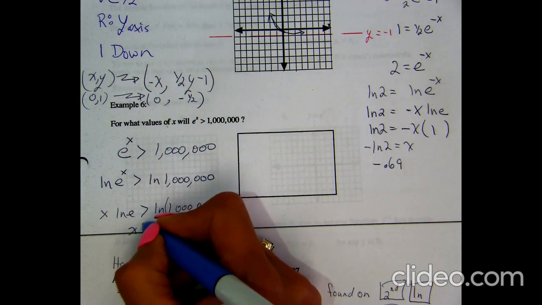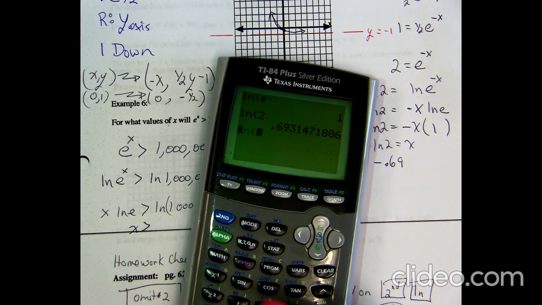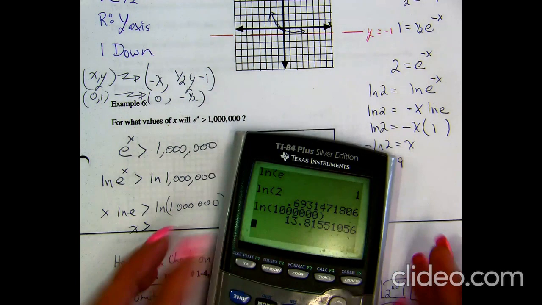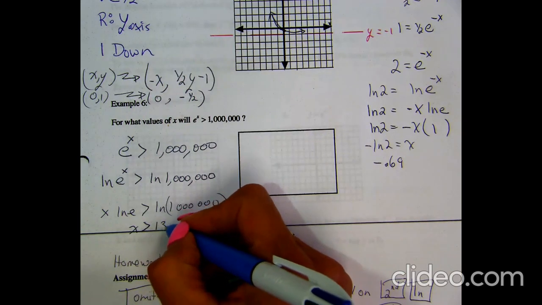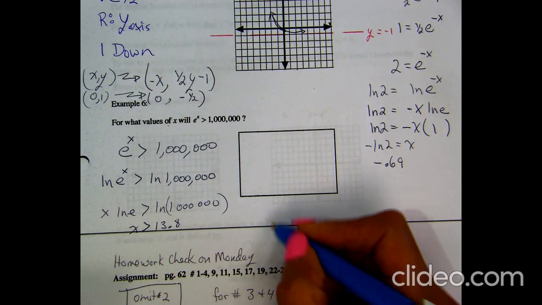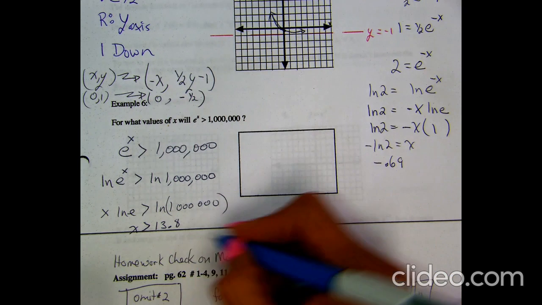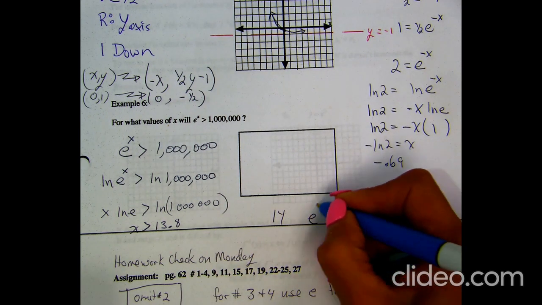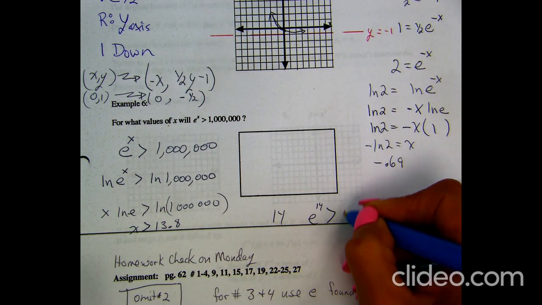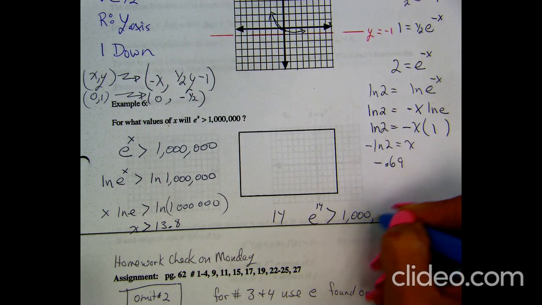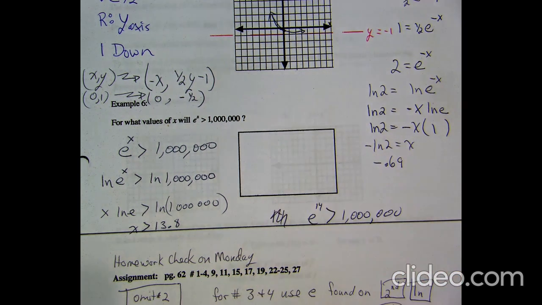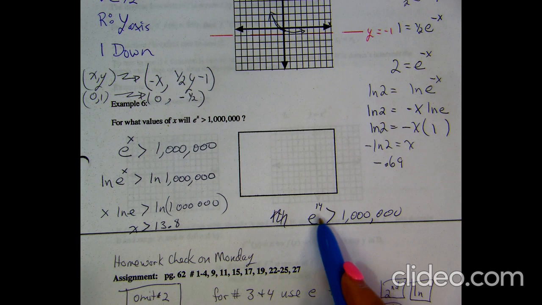I need x to be bigger than the ln of a million. I need x to be bigger than 13.8. So I guess 14 would be, e to the power of 14 would be bigger than a million. E to the power of 15, as long as my exponent is bigger than 14.